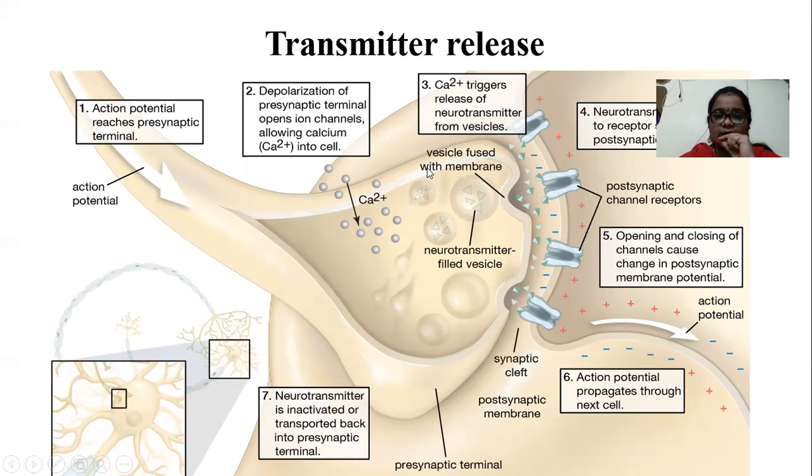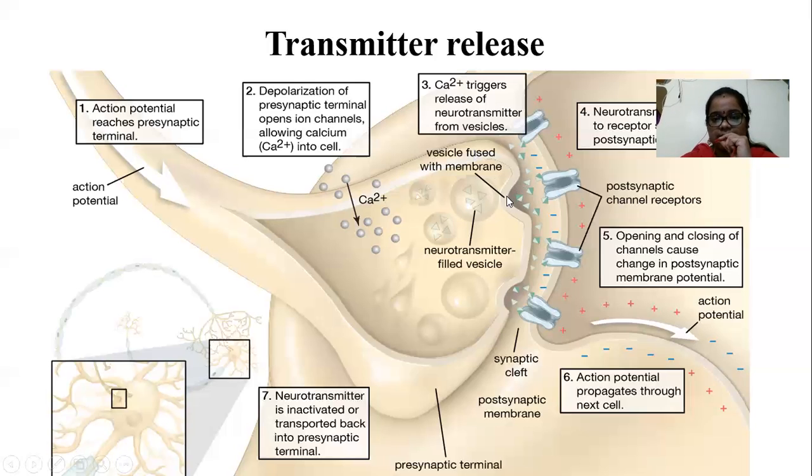The third step is that calcium ions trigger the release of neurotransmitters from vesicles. After the second phase, there is a high concentration of calcium ions in the presynaptic nerve terminal. These calcium ions stimulate the release of neurotransmitters from vesicles. These are the synaptic vesicles, and they fuse with the presynaptic nerve terminal membrane.